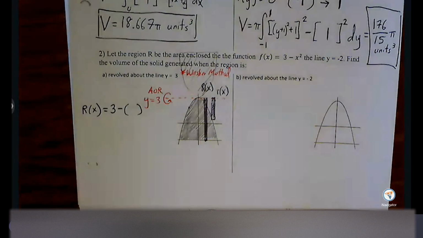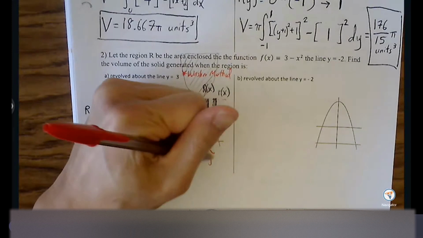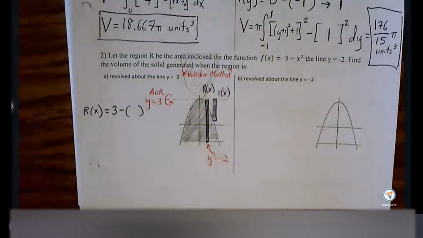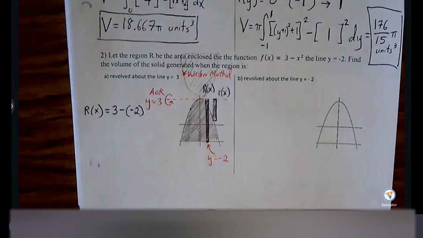The bottom of the big radius is sitting at that bottom line there, which we know is y equals -2. I think the parentheses is helpful, seeing the two negatives separated, we can realize, oh, I've got to resolve those two negatives there. 3 plus 2, I get 5.